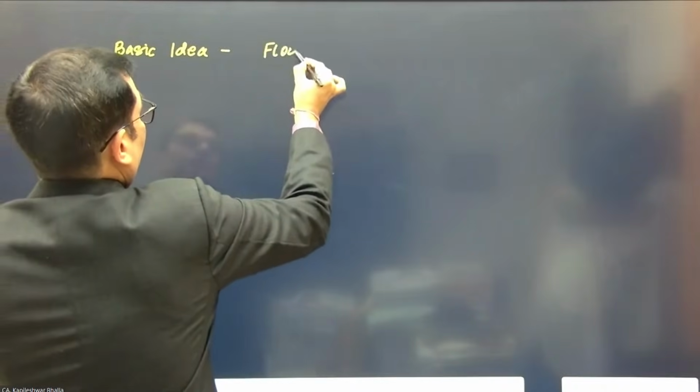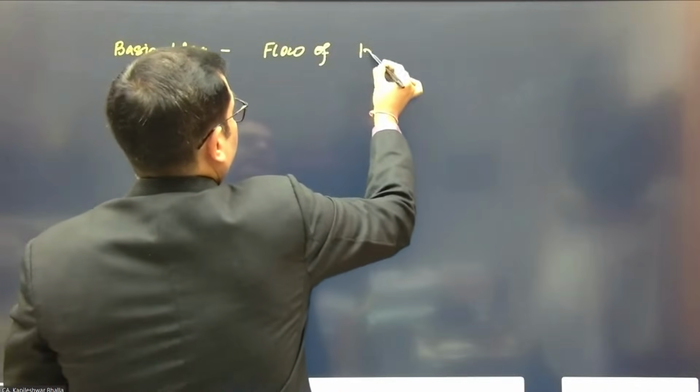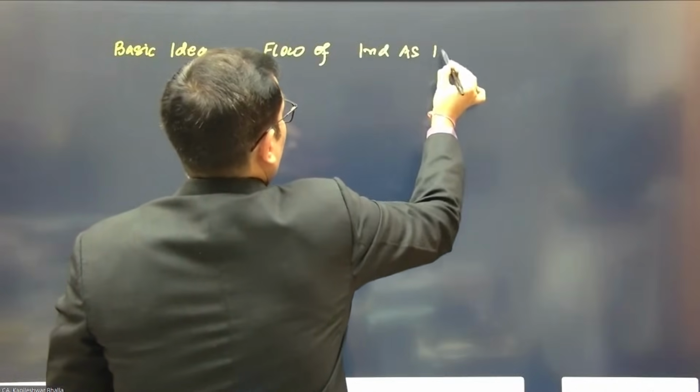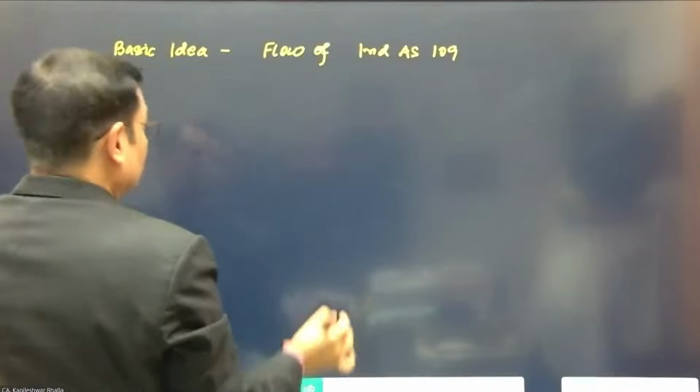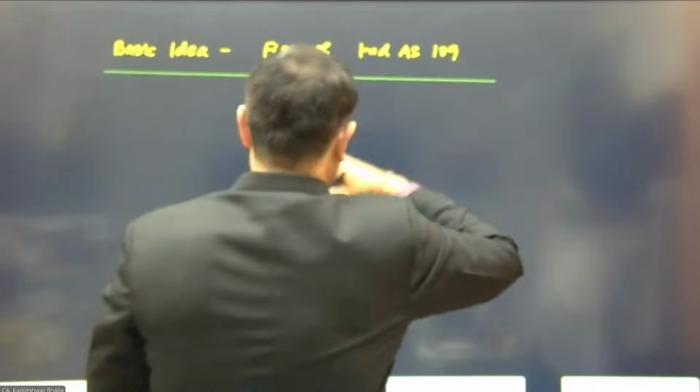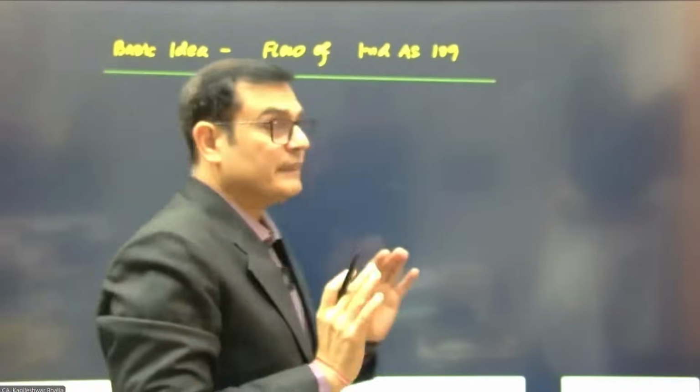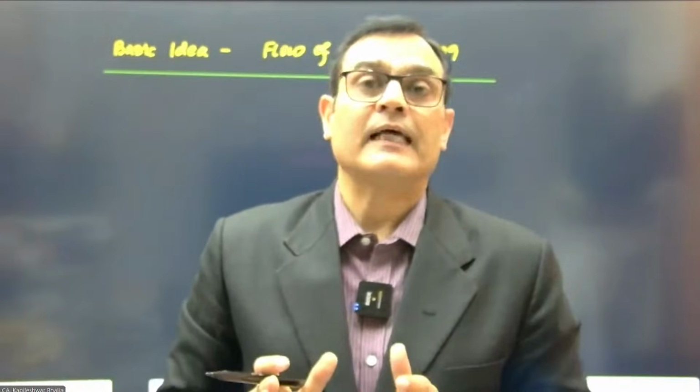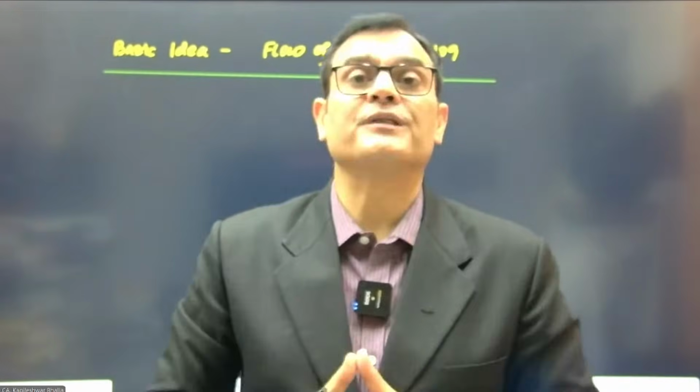So I am just giving you a basic idea of the flow of Ind AS 109. We're now formally starting with 109, and we need to be connected, because this is going to contain a lot of issues and we need to be connected in terms of how the flow is going.